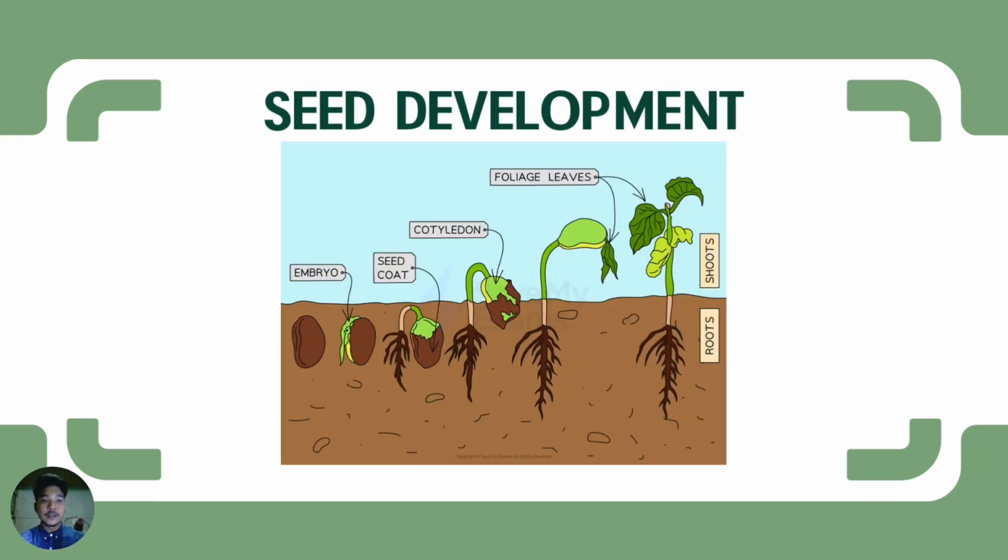So we move to the next slide: seed development. Development begins after fertilization in flowering plants and involves the formation of three main structures. The first one is the embryo, the second one is the endosperm, and the third one is the seed coat.